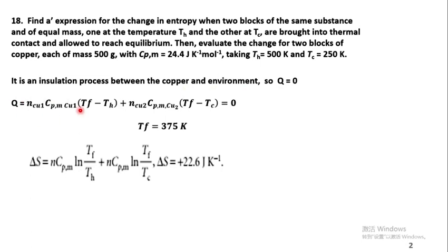This is the heat lost by the high temperature copper, and this is the heat gained by the lower temperature copper. So their sum equals 0. So we can get the final temperature as this one. After we have the final temperature, we have this one. This is for the low temperature copper, and this is for the high temperature copper. So we have this one.